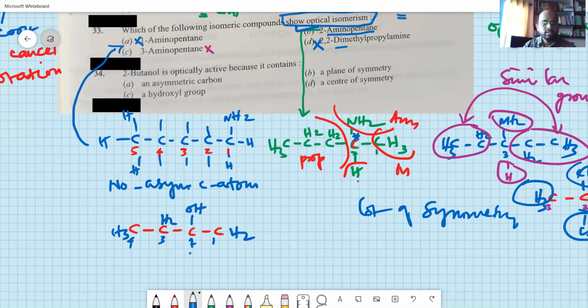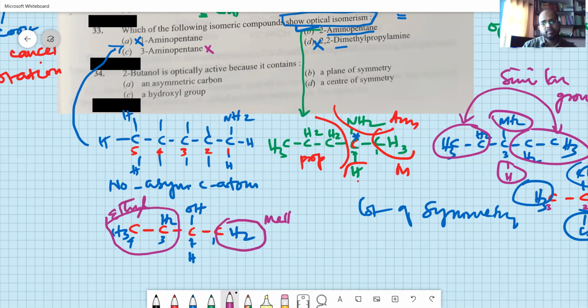So you can see that one H is here. 2-butanol is optically active because it contains... So you can see that here you have one group. This is an ethyl group. Here you have one methyl group. Here you have one hydroxyl.